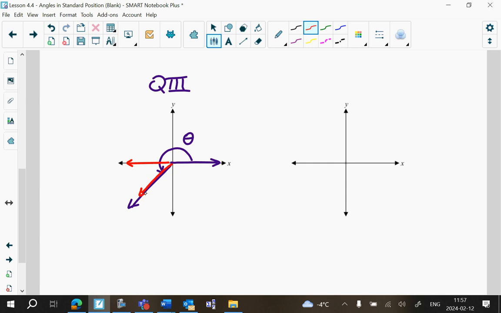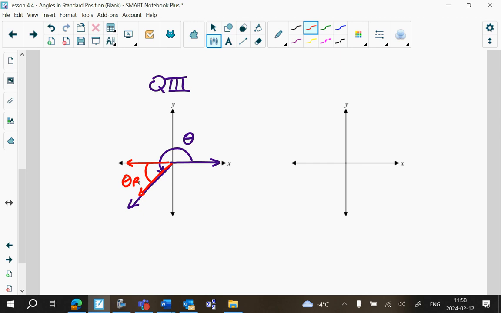So notice that the reference angle actually forms part of the actual angle in quadrant 3. The question is, how do you find it? So if I said, I'll give you an angle that ends in quadrant 3, 210 degrees. If this is 210 degrees, how would you figure that out? You got to use 180. So wouldn't we go 210 minus 180? And that would leave this space.